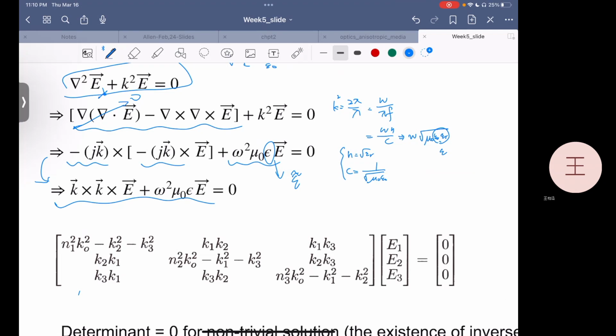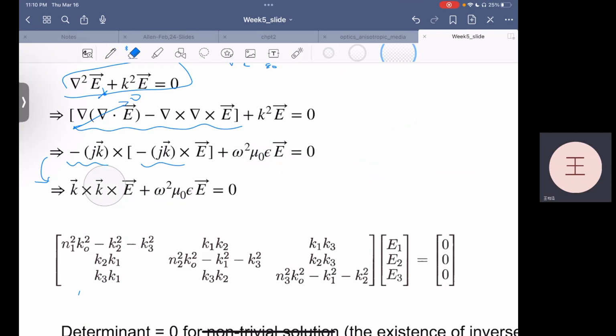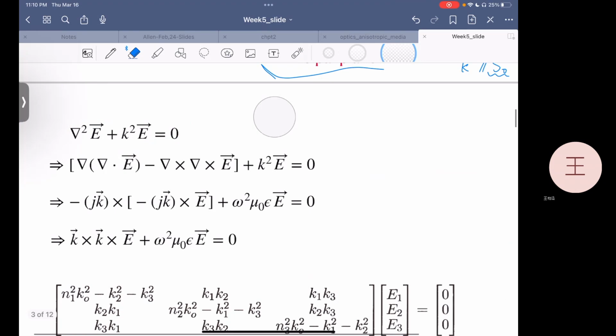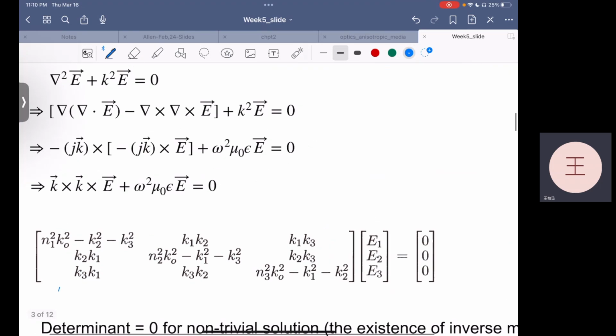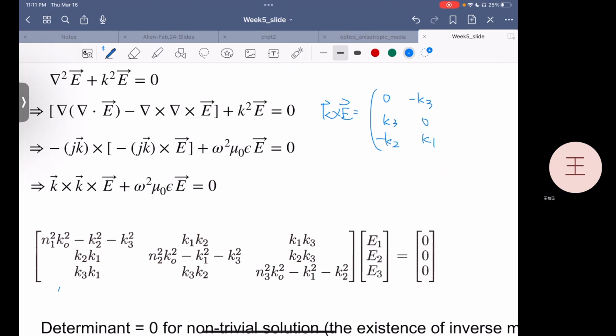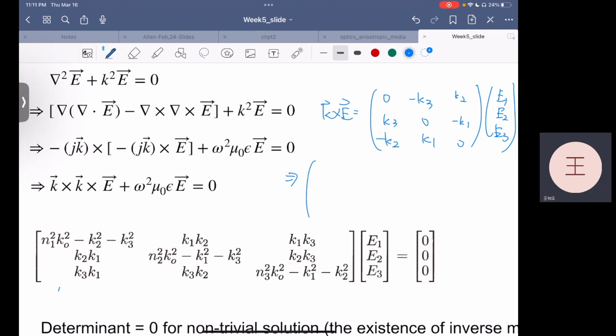Now the problem is how to solve this. We'll introduce some linear algebra concepts and try to express this in matrix form. So we know that this will be equal to this term. Thus, we will just examine the first term.